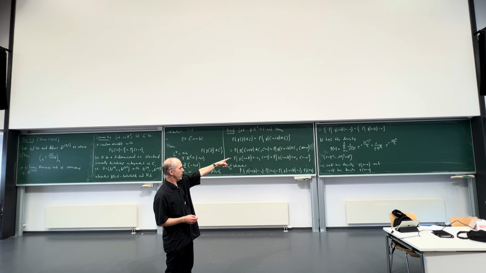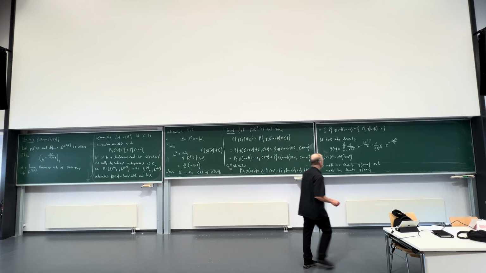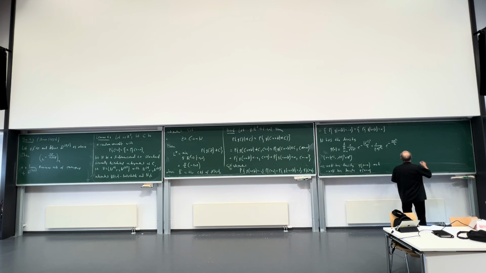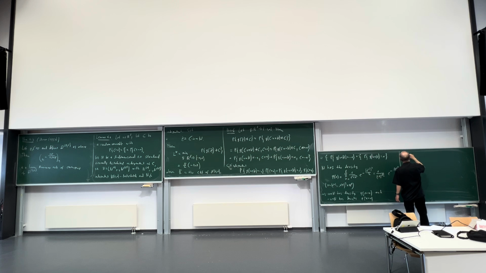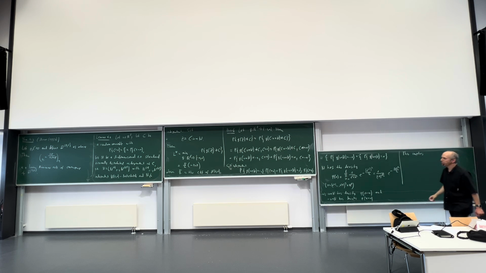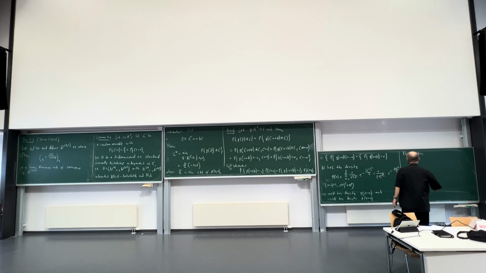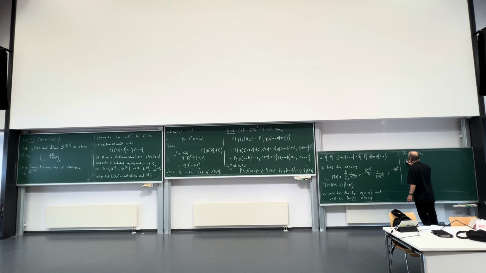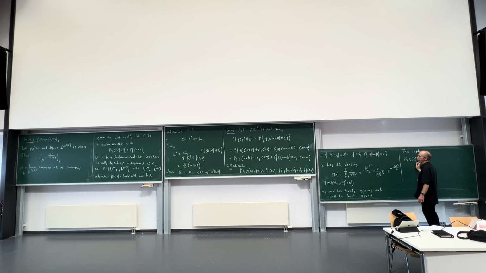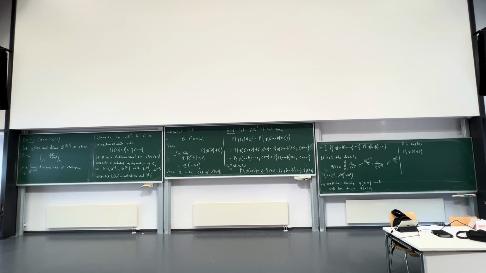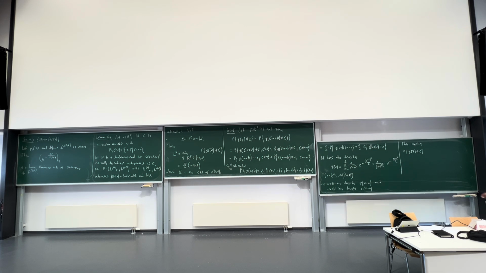Okay, but now I can compute the probabilities. This implies that what I'm interested in, the probability that g of z is not equal to z, I can now write as a sum of two integrals.